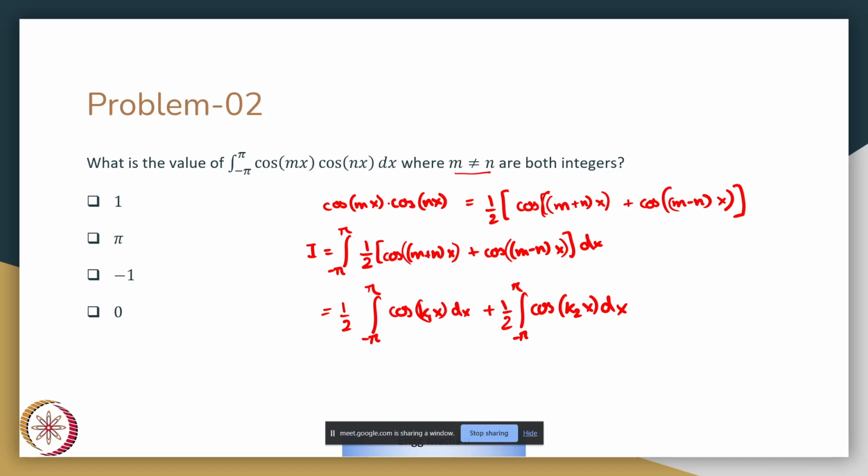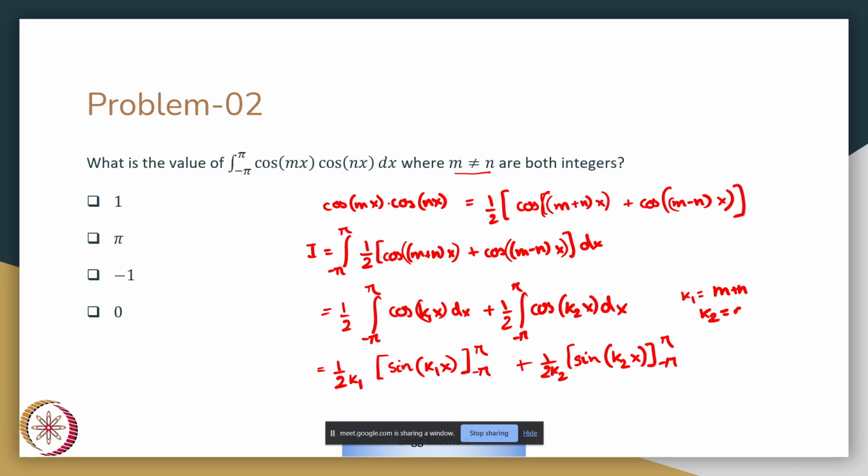which we know that both of these integrals will vanish, but if you were to write it out explicitly, it would be 1 by 2 k1 sine of k1 x, limits from minus pi to pi, plus 1 by 2 k2 sine of k2 x, limits from minus pi to pi. I'll just write it, k1 is m plus n and k2 is m minus n.